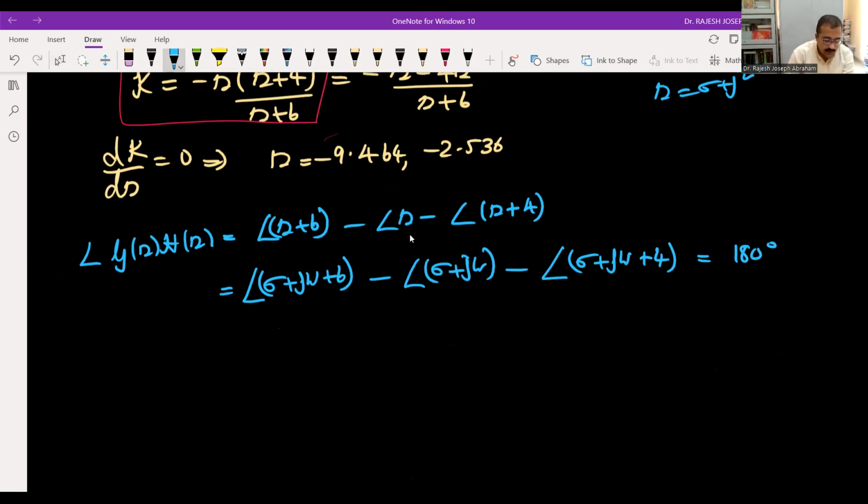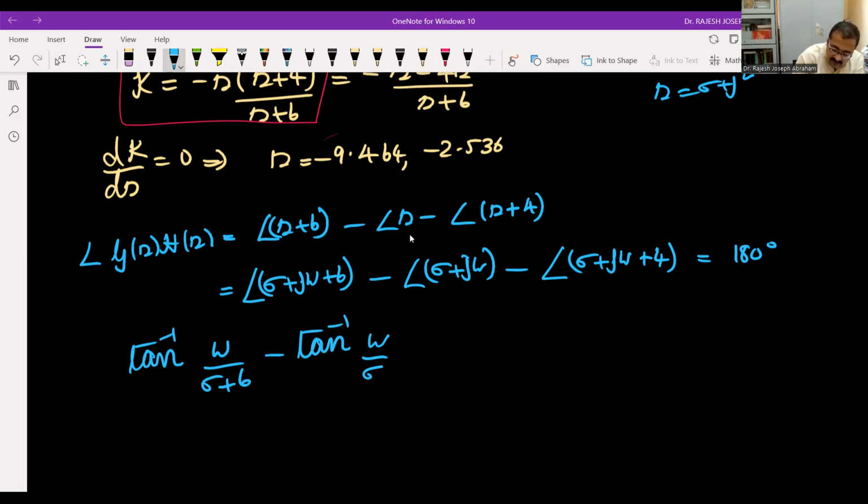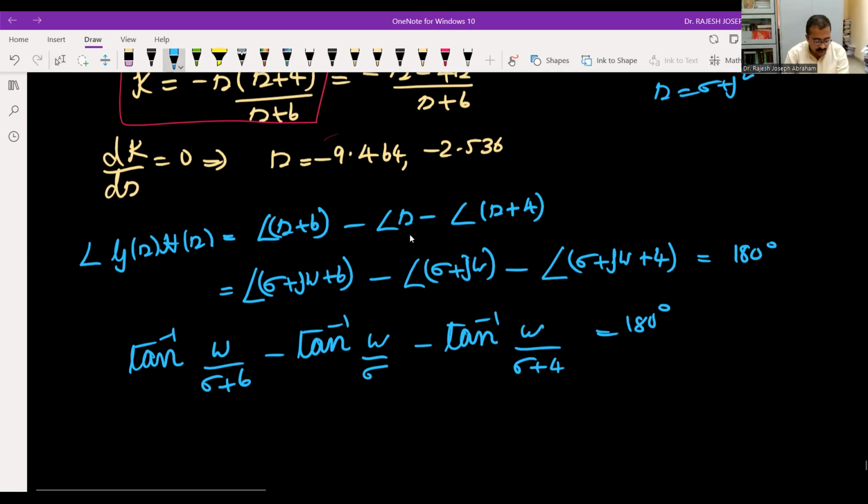Now how will you find the angle? This I can write as tan inverse omega by sigma plus 6 minus tan inverse omega by sigma minus tan inverse omega by sigma plus 4 equal to 180 degree. So let me take this term to the right side.